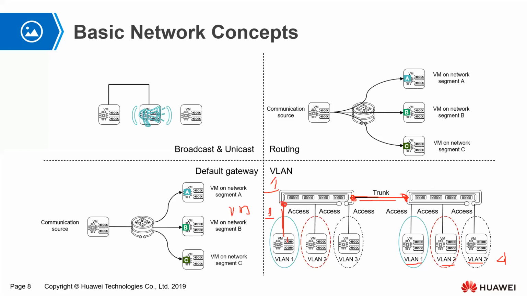So if we are receiving a packet on our access interface here, which is untagged, what will happen? What will happen is that it receives the packet and tags it with the default VLAN ID.